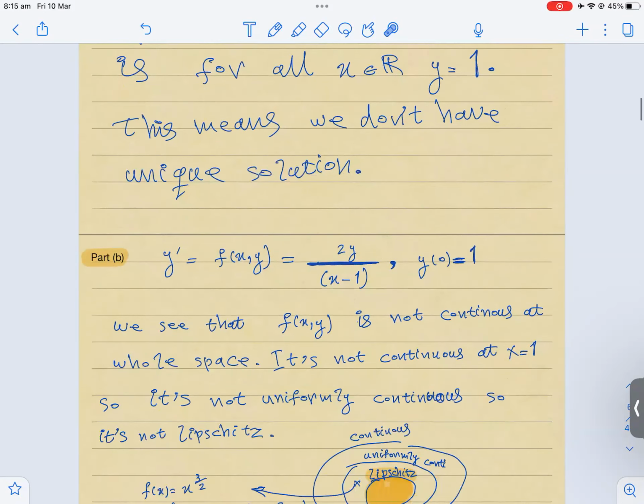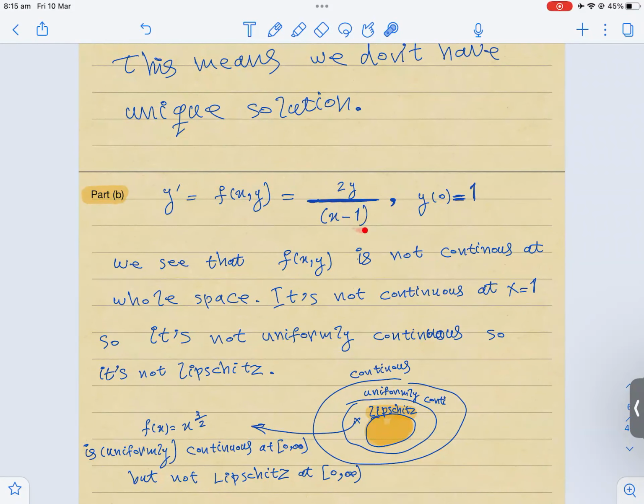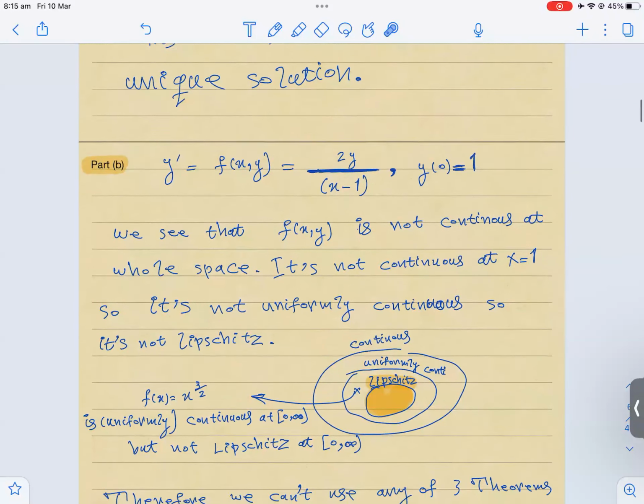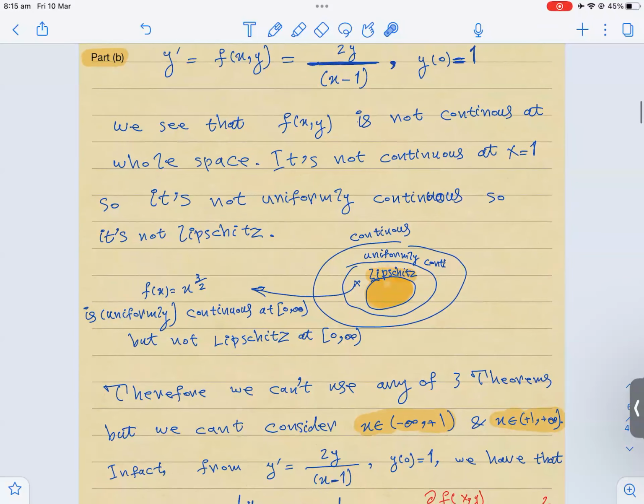All right. Part B, y prime is this one. You see that x equal 1 is not an appropriate point for us. So f is not continuous on the whole space. So we can't use Peano's theorem, and we also can't use Picard's theorem, and also we can't use the Lipschitz condition.